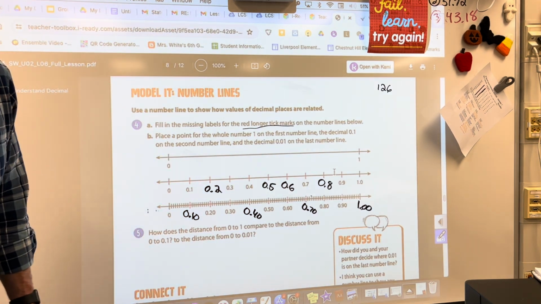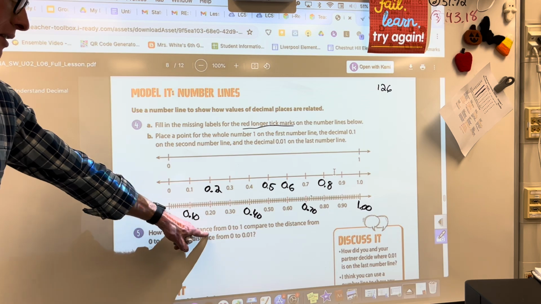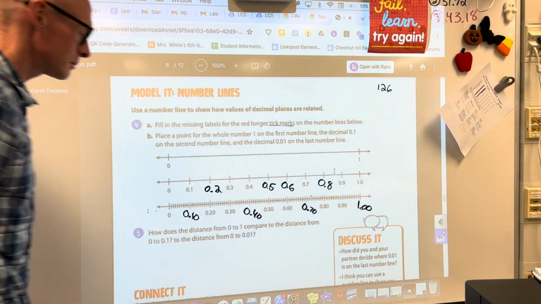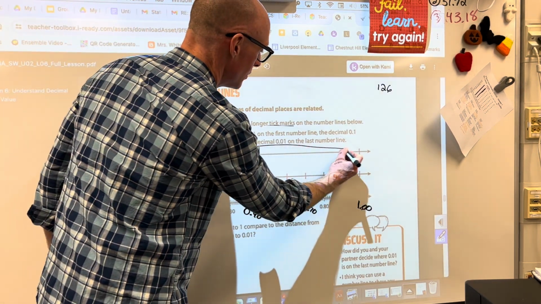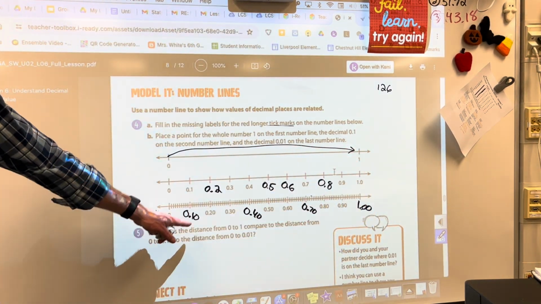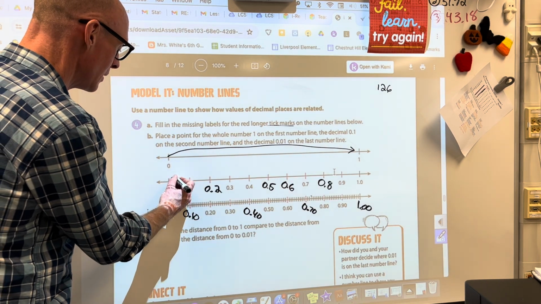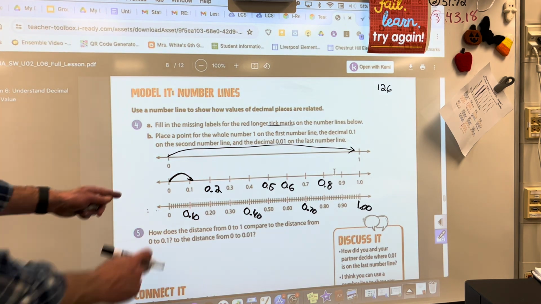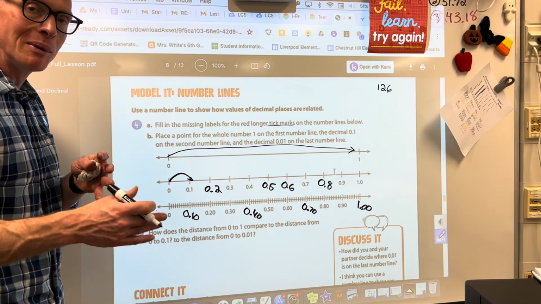Sweet. So now, it says, how does the distance from 0 to 1 compare to the distance from 0 to 0.1? Well, clearly we can see it's a bigger distance, but let's get a little bit more specific.